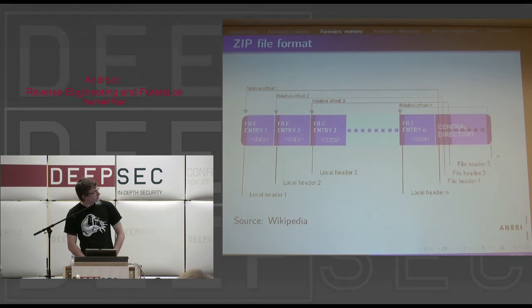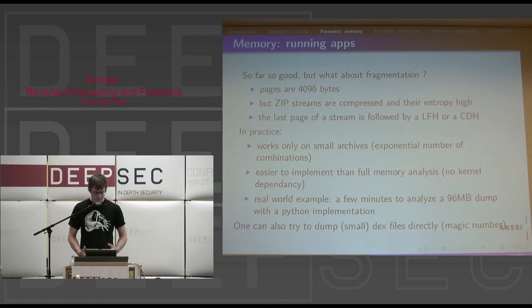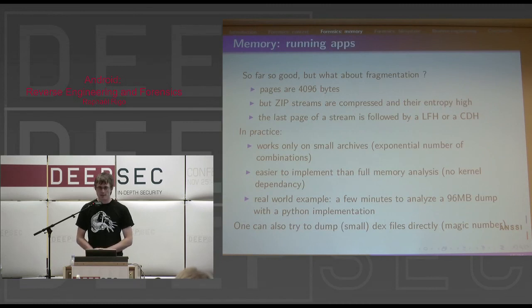So if you can find the central directory in memory, you have enough information about all the files to look for the local file headers in memory. And in practice, you have to care about fragmentation because, of course, the pages are 4 kilobytes, and an application is not going to fit in 4K.